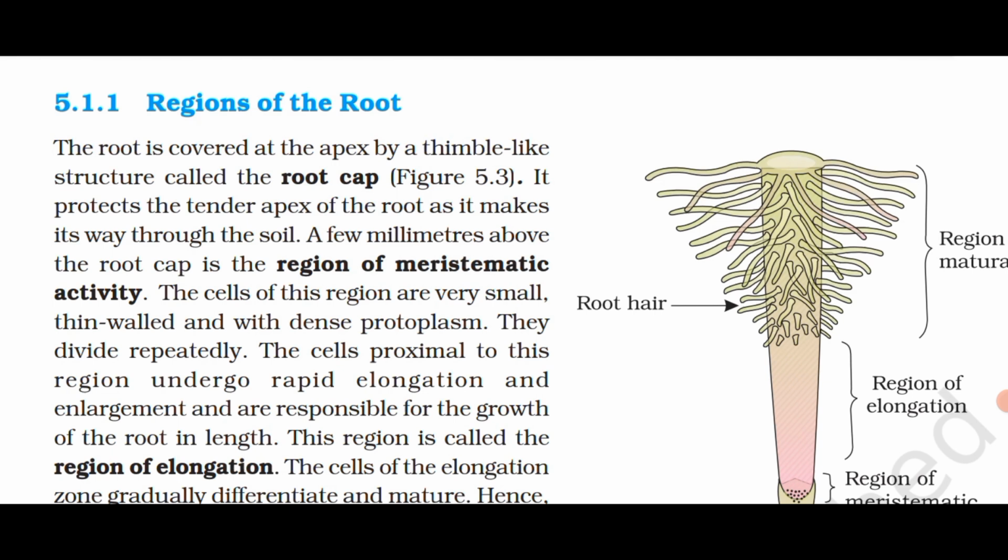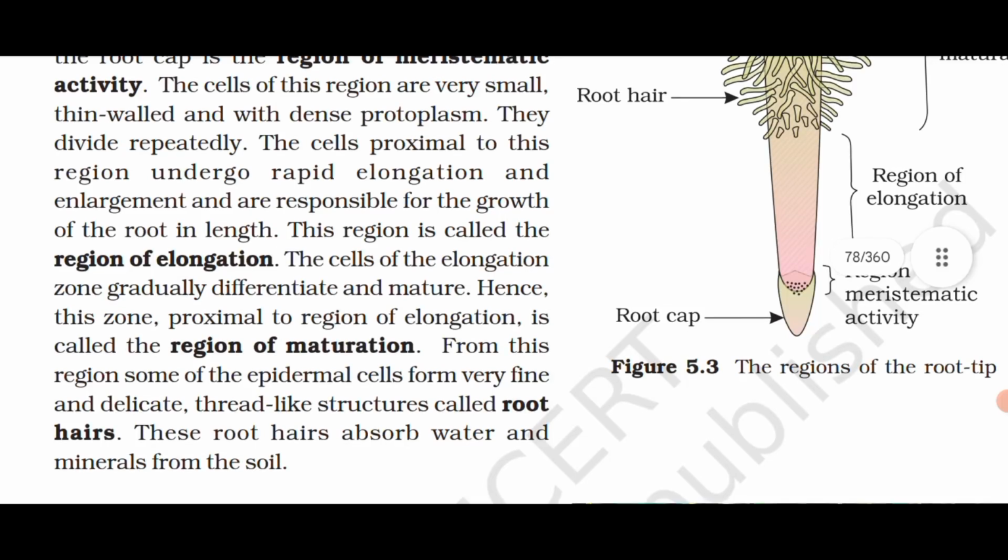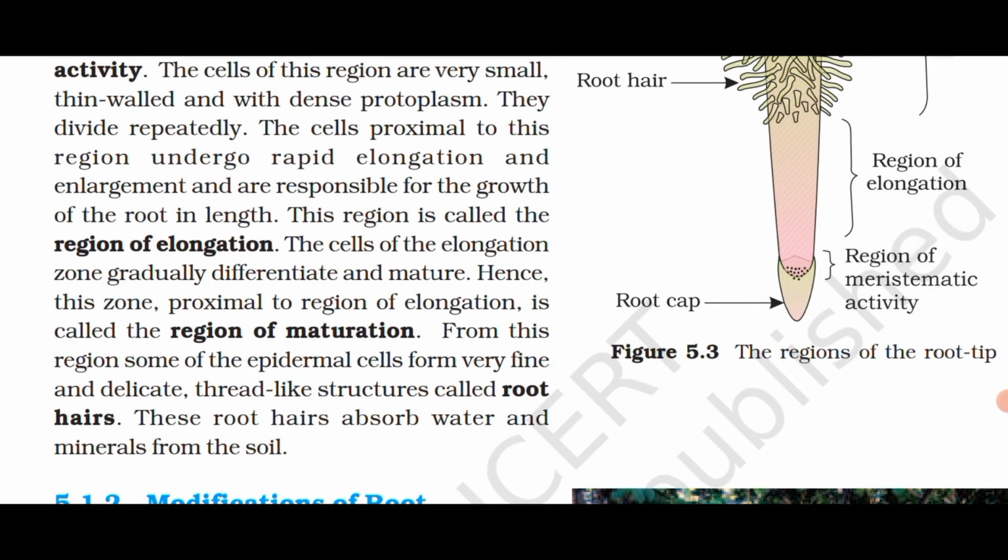They divide repeatedly. The cells proximal to this region undergo rapid elongation and enlargement and are responsible for the growth of the root in length. This region is called the region of elongation. The cells of the elongation zone gradually differentiate and mature.